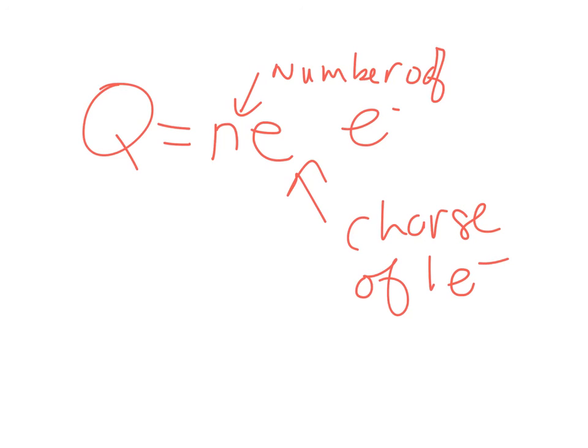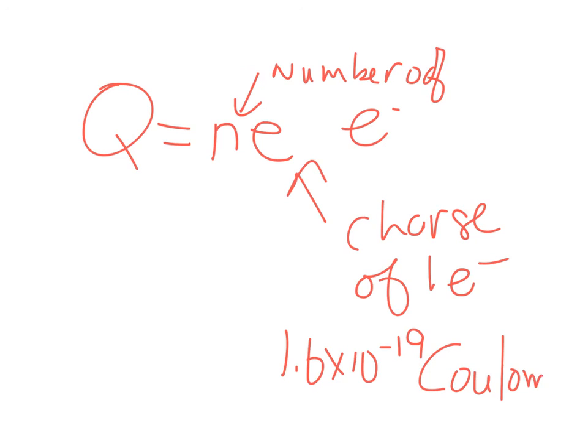When we think about that, we've got to remember that the charge on an electron is 1.6 times 10 to the negative 19th coulombs. So if you've got 2 electrons, you multiply that number by 2. If you've got 3 electrons, you multiply that number by 3. So a lot of that should come in handy on this.